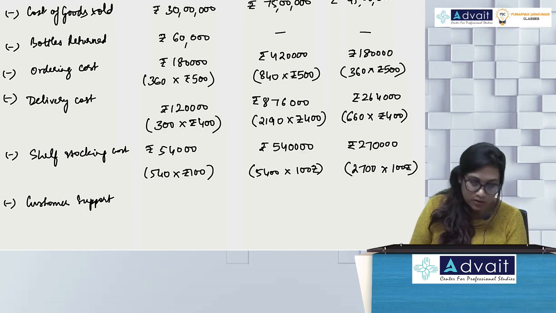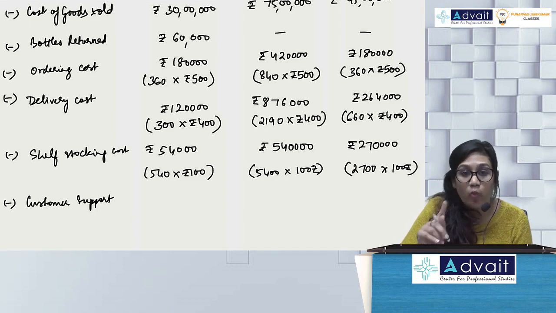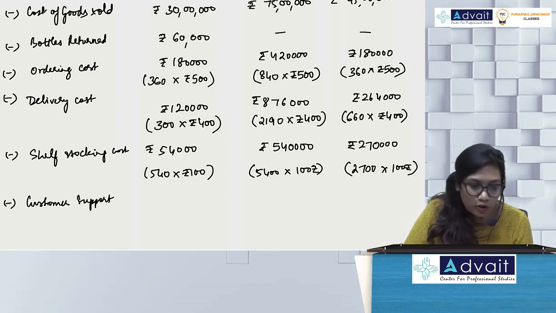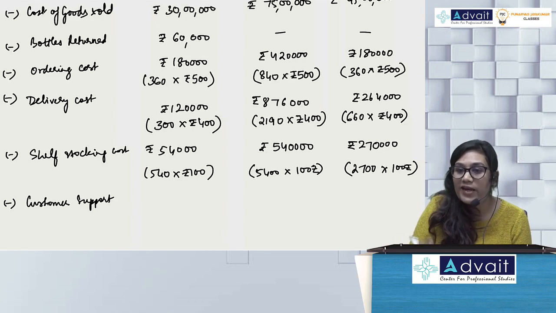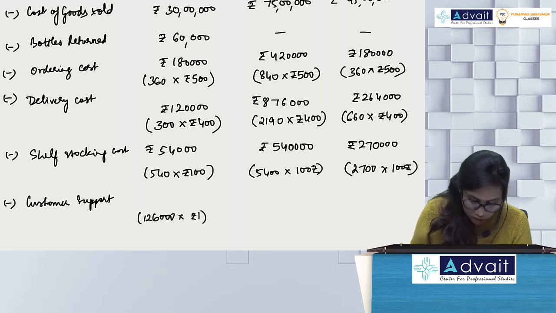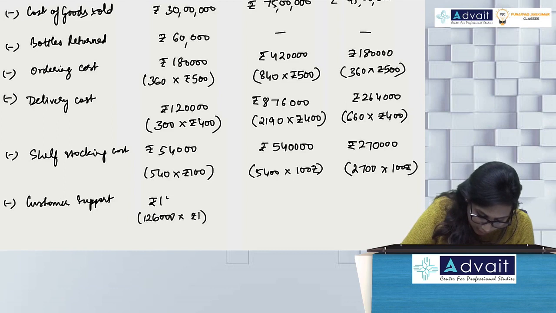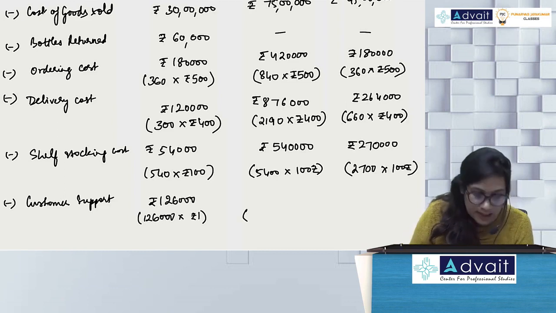And the last one was customer support. So what did they say about customer support? They said that the cost was to be based on the number of items sold. So we calculated the cost driver rate to be 1 rupee per item sold. When it comes to soft drinks, how many items were sold, guys? 1,26,000 items were sold, so the cost will be 1 rupee per item. So 1,26,000 here.